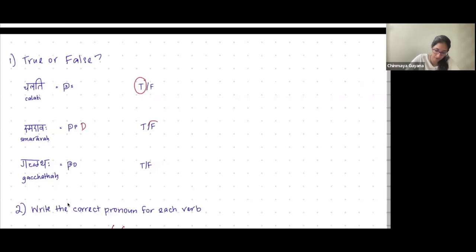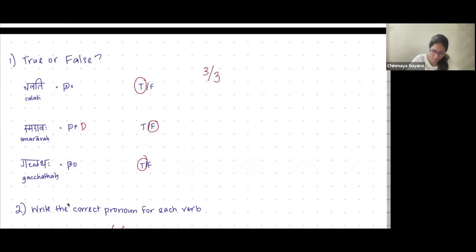So this is false. And then finally, gachataha. Gachataha, if you look at your table, that taha is second person dual. So this is true. So true, false, true. So far, 3 out of 3.